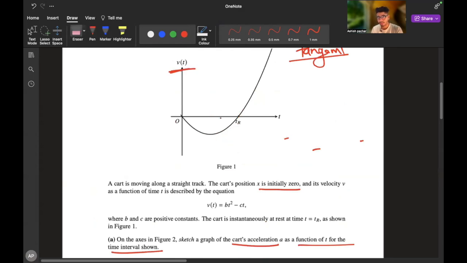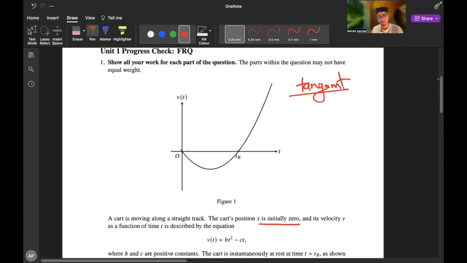we know that the area under the velocity time graph gives you the displacement. So the area between the time axis and the velocity function, this area, and even this area, this area is negative, because this displacement is below the x-axis, the time axis.